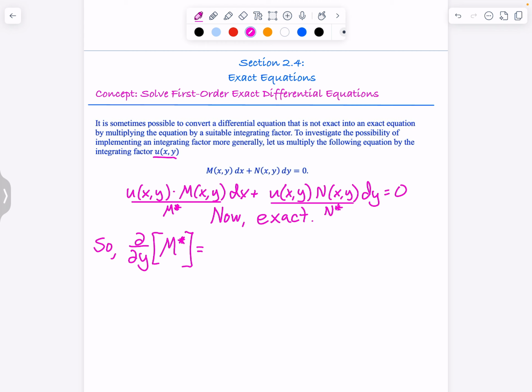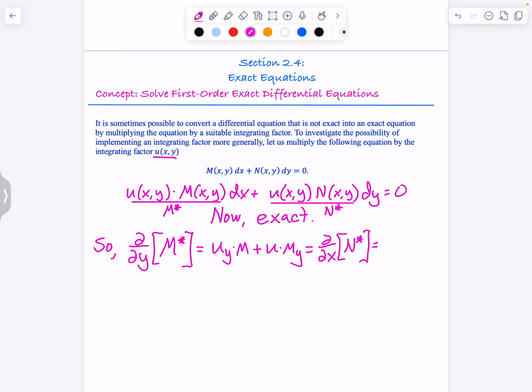It's a product rule, so I get u sub y times M plus u times M sub y. And I know this is going to be equal to the partial of N star with respect to x. We know these are equal because we assumed that the equation was exact.